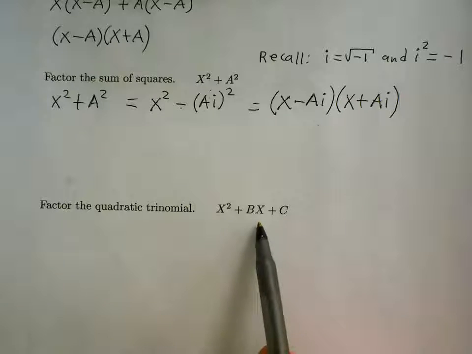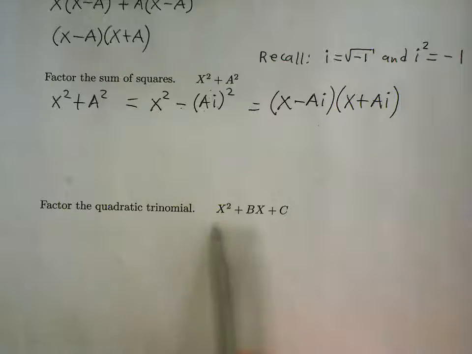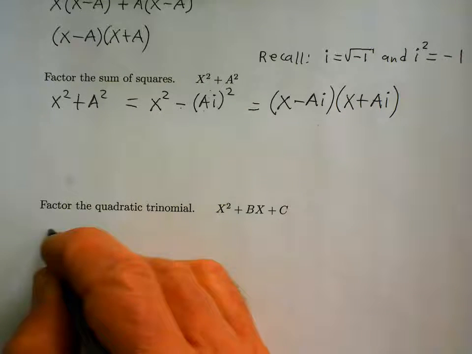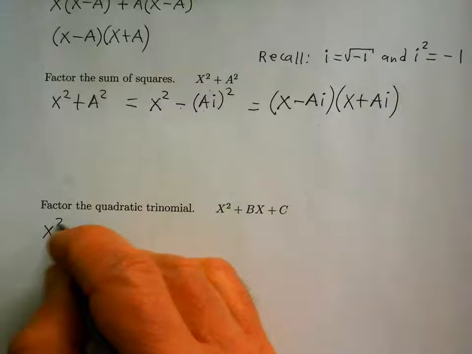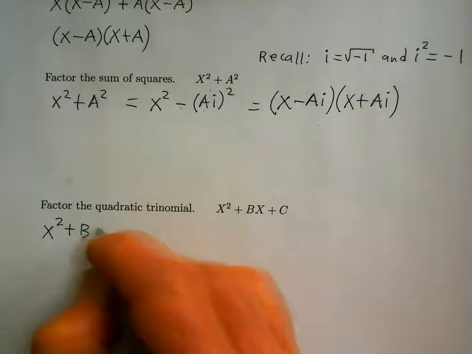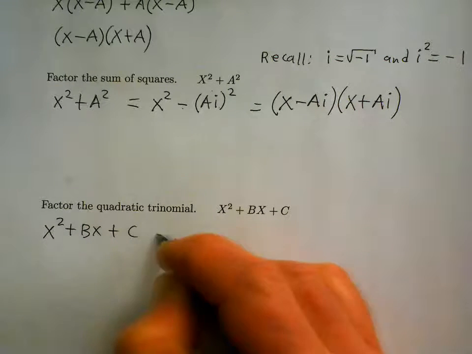Okay, so the form that 0 takes this time, I'll start with the original x to the second plus bx plus c.